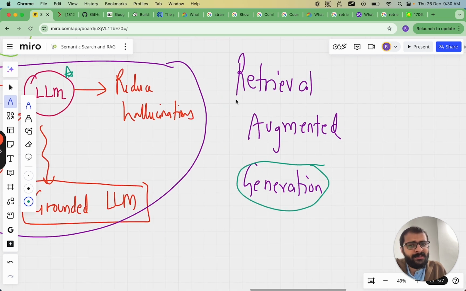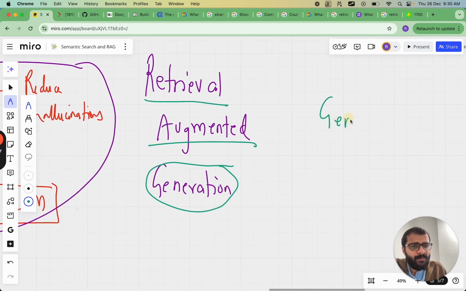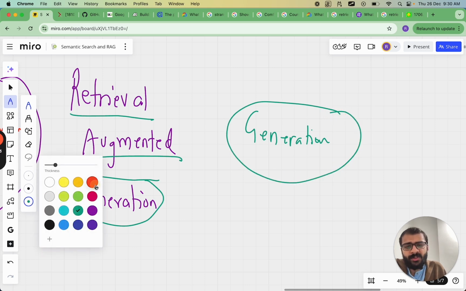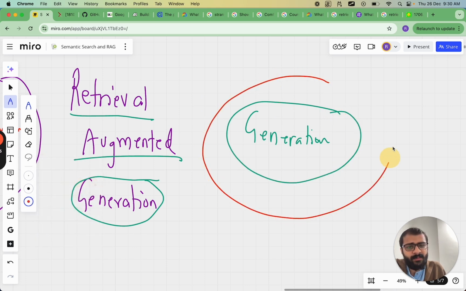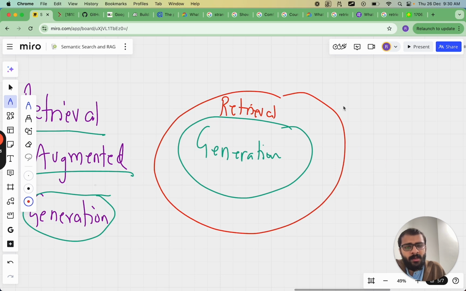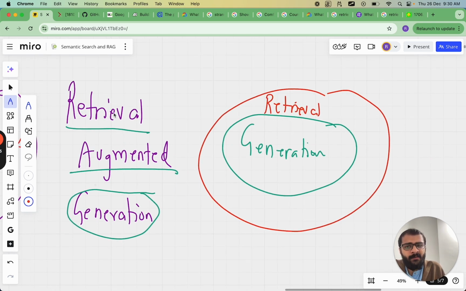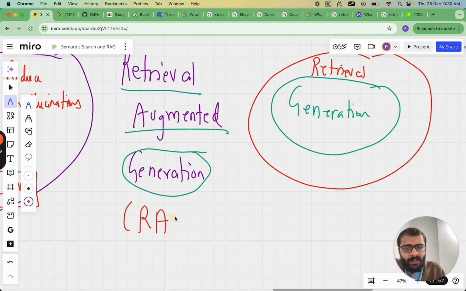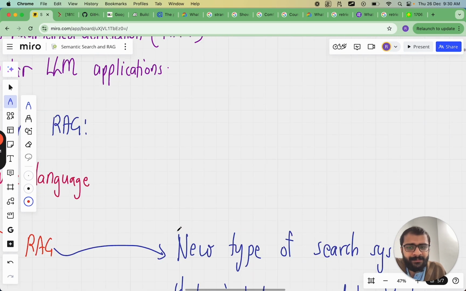So you start with the generation process, and then you augment it, or make it a bit more complex, by adding retrieval on top of it. And this whole thing is now called retrieval augmented generation. That's where the name RAG comes from.